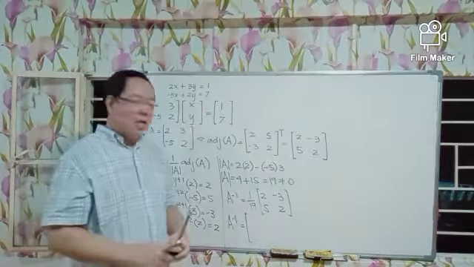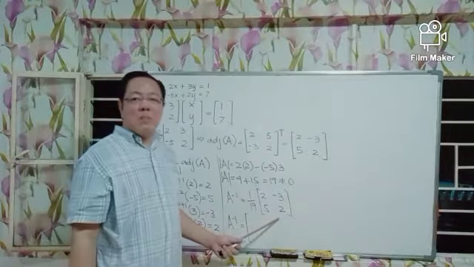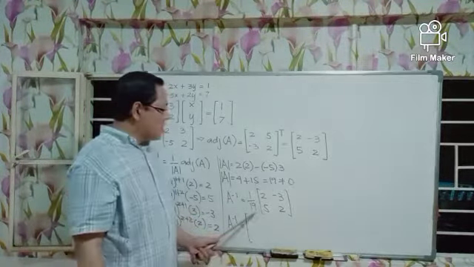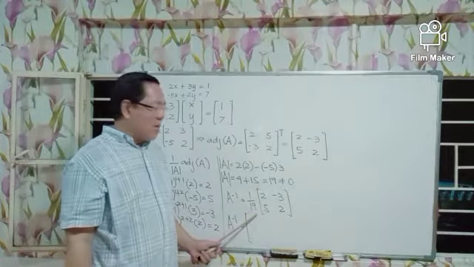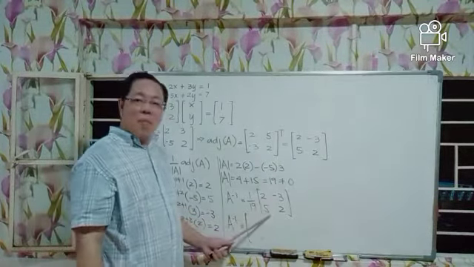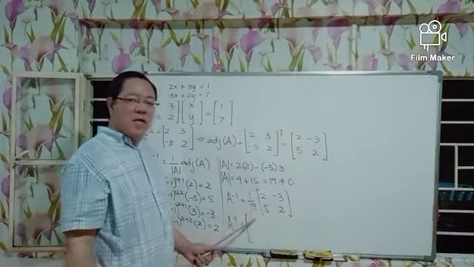The operation here is scalar multiplication. We multiply this matrix by the scalar 1 over 19. And to perform the multiplication, we multiply each entry of this matrix by 1 over 19.